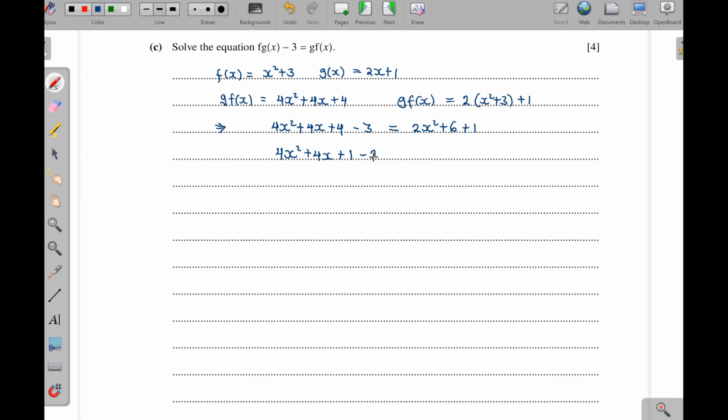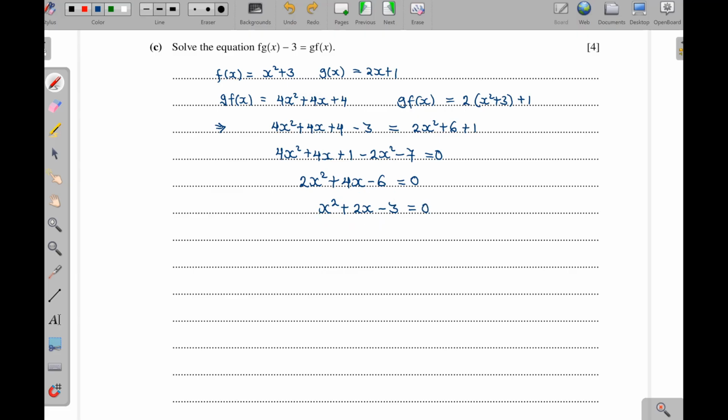We shall have minus 2x squared minus 7 is equal to 0. So we get a quadratic from here, which is 4x squared minus 2x squared, and that will be 2x squared, plus 4x, and then 1 minus 7, that one will be minus 6, which is equal to 0. Divide all through by 2, you'll get x squared plus 2x minus 3 equals 0.